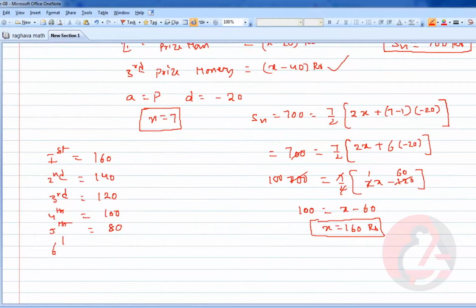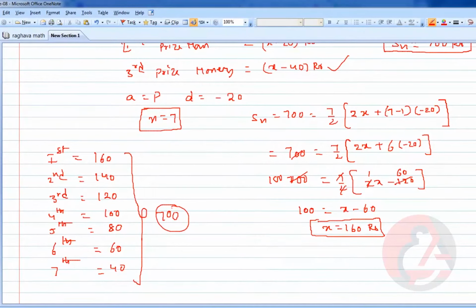Sixth prize is 60 rupees. Seventh prize is 40 rupees. If you add all these, you will get a total of 700 rupees, to verify your answer is correct. So these are the prizes for 7 members.